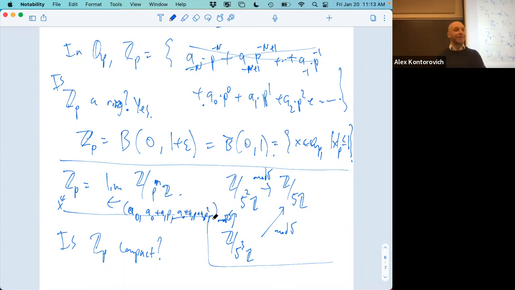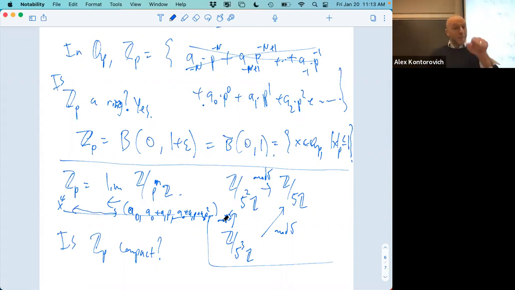It's really an infinite list, where A0 is in Z mod p, A0 plus A1 p is in Z mod p squared, this is in Z mod p cubed, such that they're all compatible with the reduction maps. That's the way that you identify x with this sequence. That's exactly what inverse limits are.